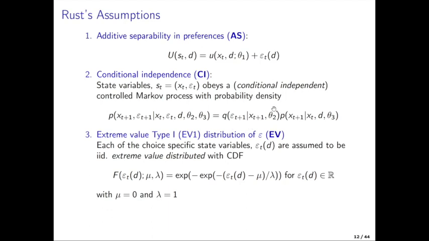The first one has to do with the distribution of the epsilons, and what it doesn't depend on is the epsilons today. Once you have conditioned on the same period value of X, there's no further dependence on epsilon.